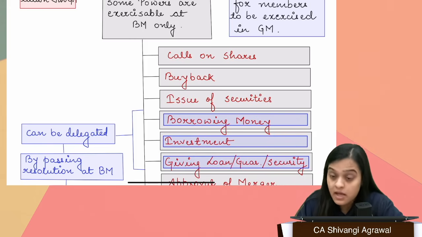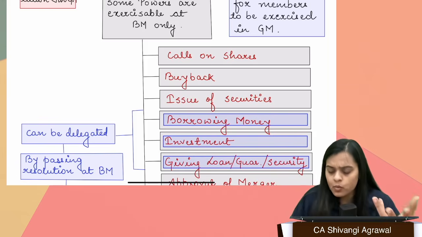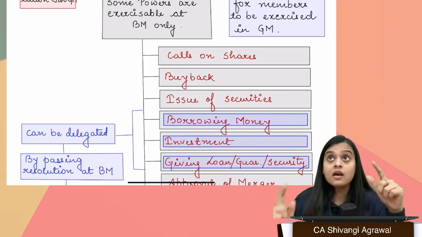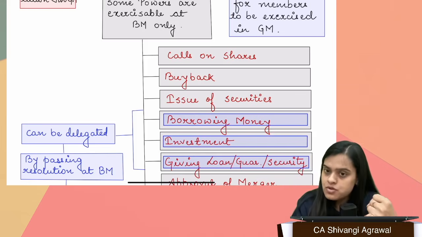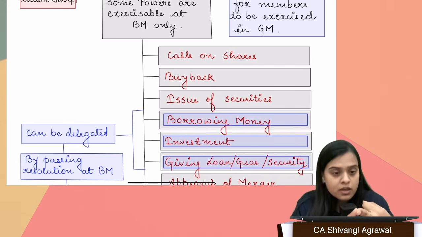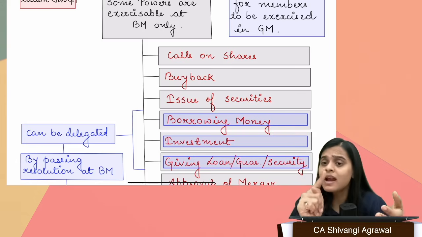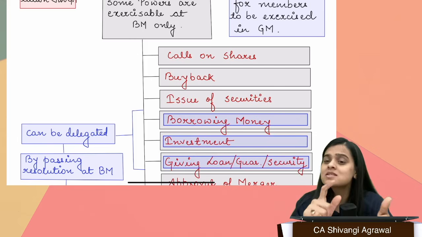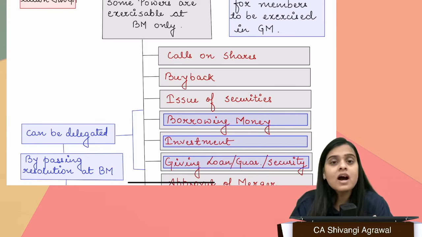What are those matters? If you want to make a call on shareholders, right, you want to get the call money from the shareholders, that is something which is not going to be resolved through circulation. Okay, so calls on shares, buyback, issue of securities, borrow, invest, grant, that is borrow money, invest funds, grant loan, security, guarantee, approve the financial statements, diversification, amalgamation, takeover, and then we have other matters as prescribed, in which we get 3 more points.